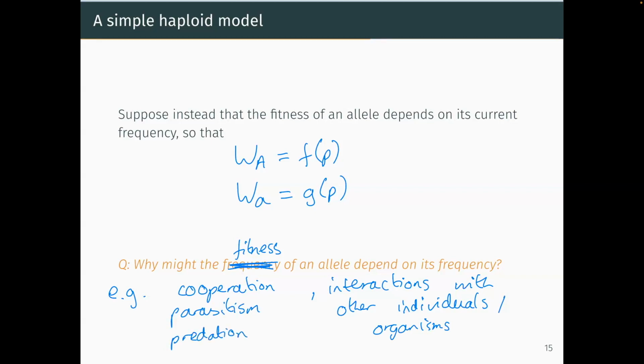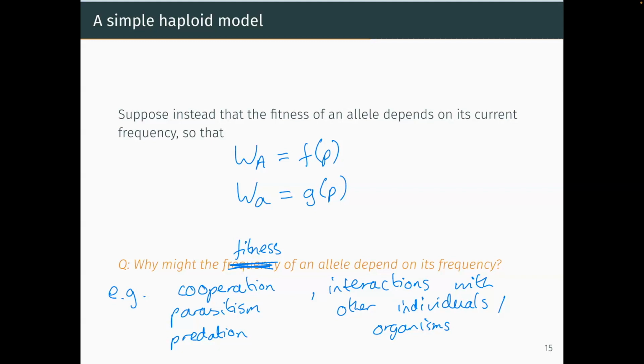Why might those be there? Well, we'll talk about this again much later in the course, but parasites, pathogens, you'd expect them to specialize on the most common types in the population. So it might be fitter if you're more different from the most common type. So your fitness might depend on the frequency of other individuals in the population.